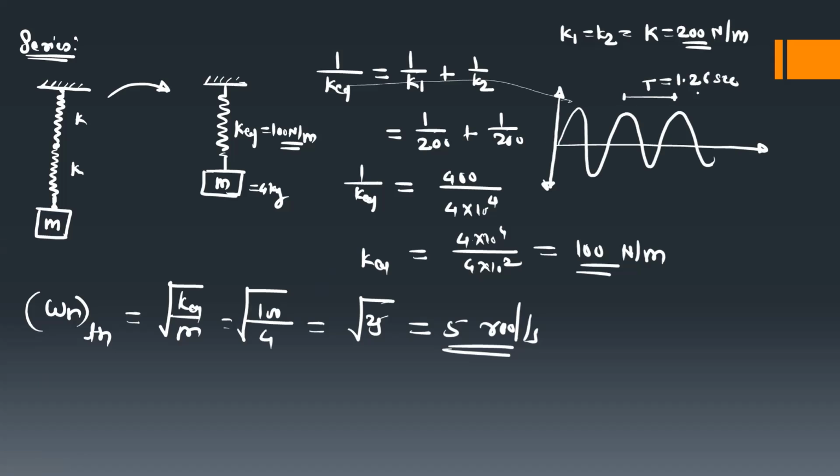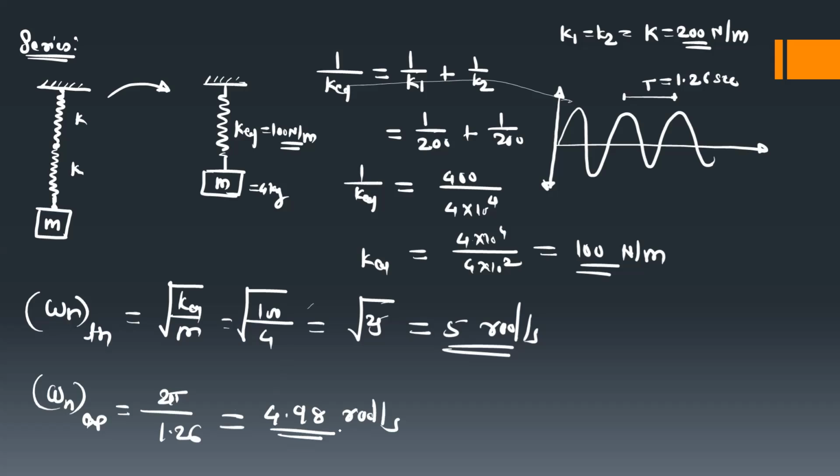Okay. So omega n experimental value is equal to 2 pi upon 1.26. So the answer is 4.98 radian per second. Okay.